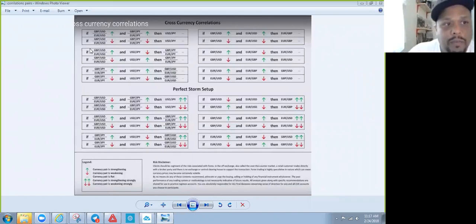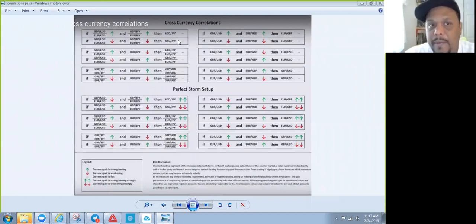If the GBP USD or the Euro USD and the GBP JPY, Euro JPY were going up, then the USD JPY will be flat, no movement, sideways trend. And so on and so forth. If the GBP USD, Euro USD, GBP JPY, Euro JPY are going down, then the USD JPY will be going flat, sideways trend, no movement.